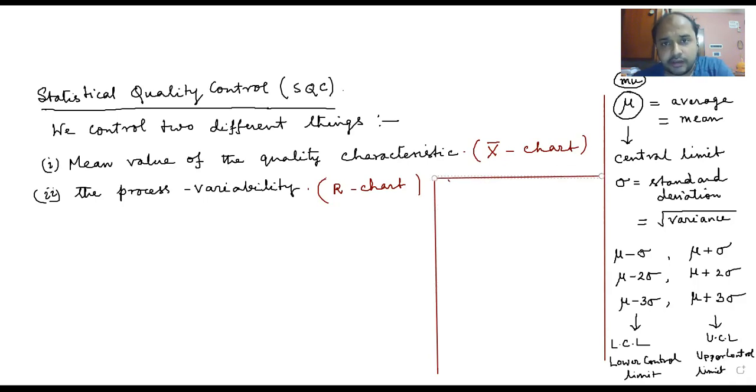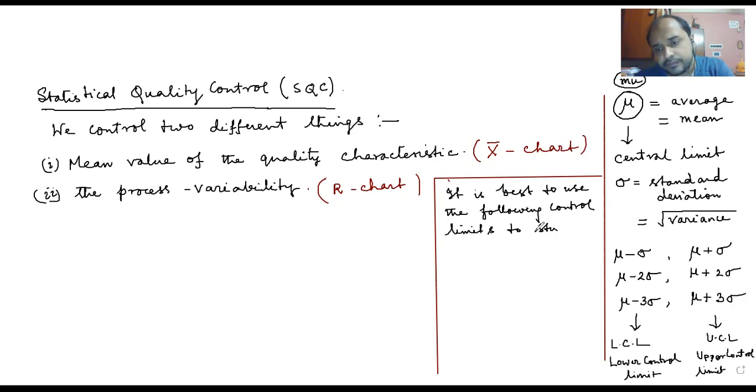Probably you can recall, and if you do not recall it, then let me tell you right now that if nothing is mentioned, it is best to use the following control limits to study this quality characteristic.